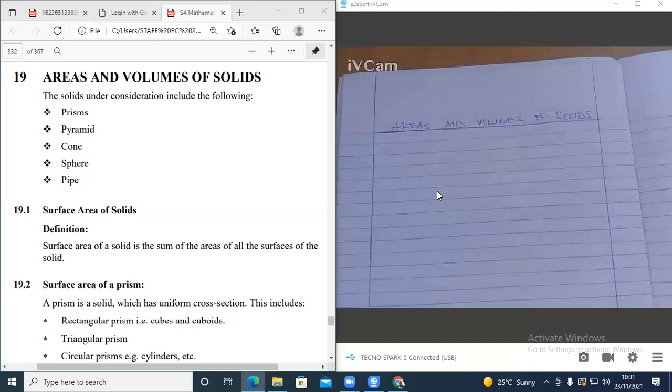So they are saying that areas and volumes of solids, the solids under consideration include the following. Which solids are we going to look at? We have here 5 solids. There are prisms, there are pyramids, there is a cone, there is a sphere, and there is a pipe.